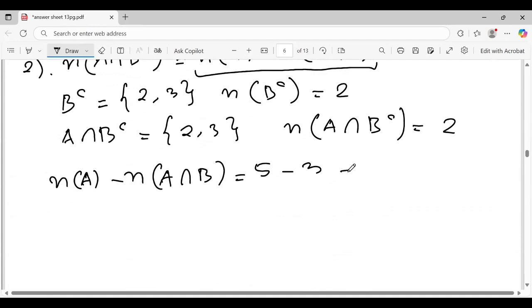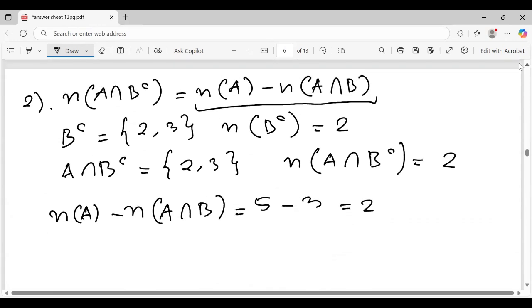So 5 minus 3 equals 2. Pay attention to this statement: n of A intersection B complement equals 2, and n of A minus n of A intersection B as well equals 2.